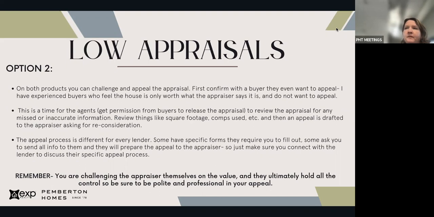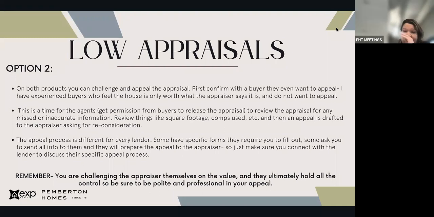Sometimes I feel like it's more the listing agent's responsibility than the buyer's agent's responsibility. But when it comes down to it, sometimes the listing agent's not competent enough to do it. And so if you want an appraisal appealed, you kind of have to take it into your own hands. And like I said at the get-go, make sure your buyer wants that.